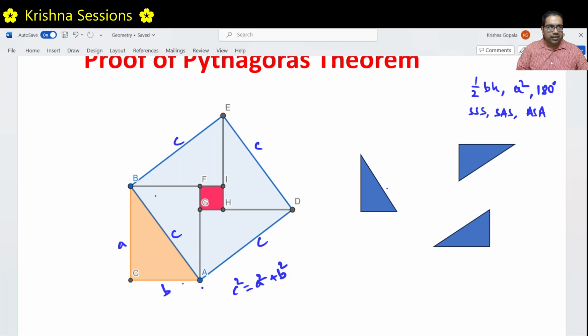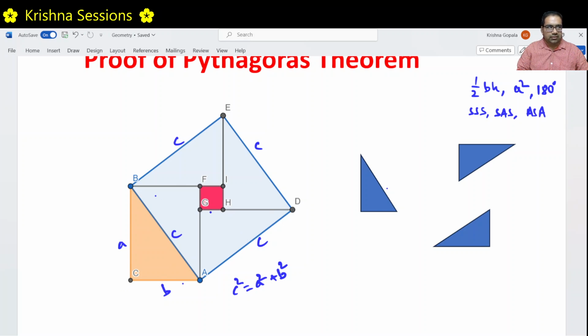Similarly, a line passing through A, which is parallel to BC. Similarly, through E, we will draw a line which is parallel to BC. Alright, something like this. And through D, we will draw a line which is again parallel to AC. Right.